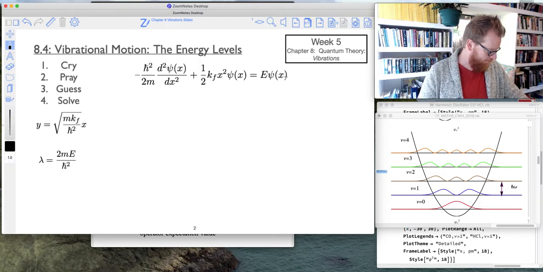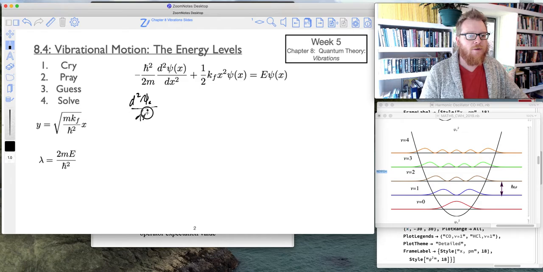So when I do that, I can now write the second derivative of psi of x, and that's going to be minus, and the 2's cancel because I'm multiplying it through. So now it's minus m kf over h bar squared times x squared times psi of x.